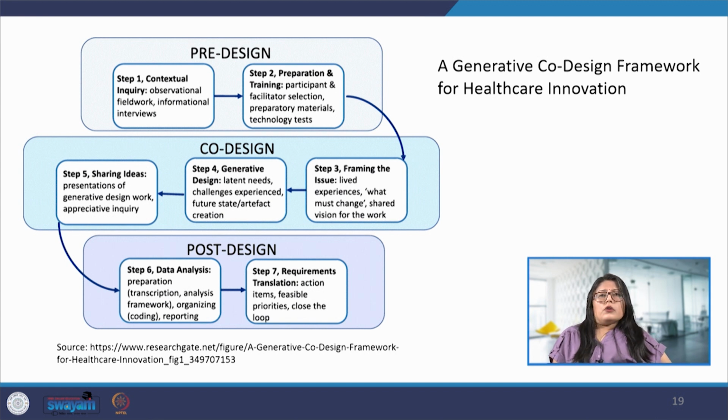state creation. So, latent needs are the needs that people are not aware of until and unless a certain feature doesn't exist. It is like an invisible need, like we saw in the earlier lectures, where Don Norman said that the solution should be invisible.